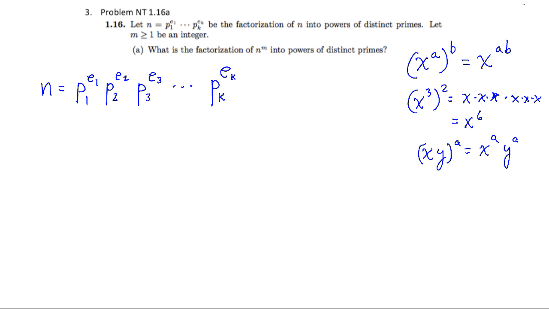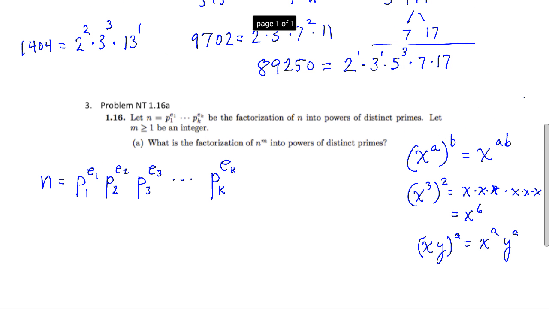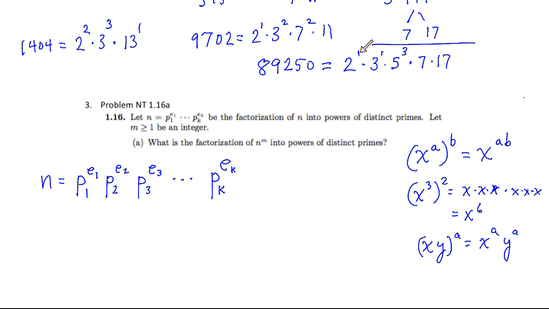So for example, if we look at our 89,250, p1 would be 2, e1 would be 1, p2 would be 3, e2 would be 1, p3 would be 5, and e3 would be 3. p4 would be 7 with an e4 of 1, and p5, k would be 5, would be 17 with ek, or e5, to the 1st power, because these are both 1s here on the 7 and the 17.